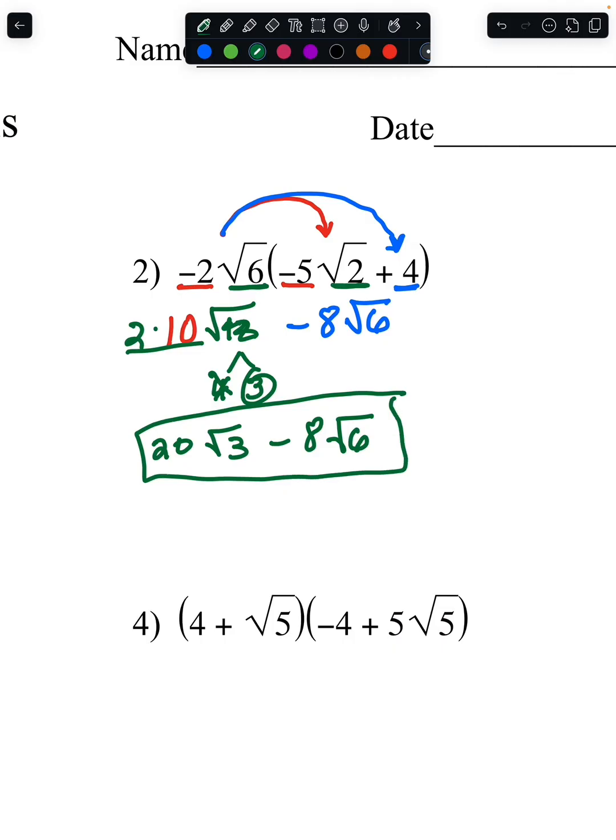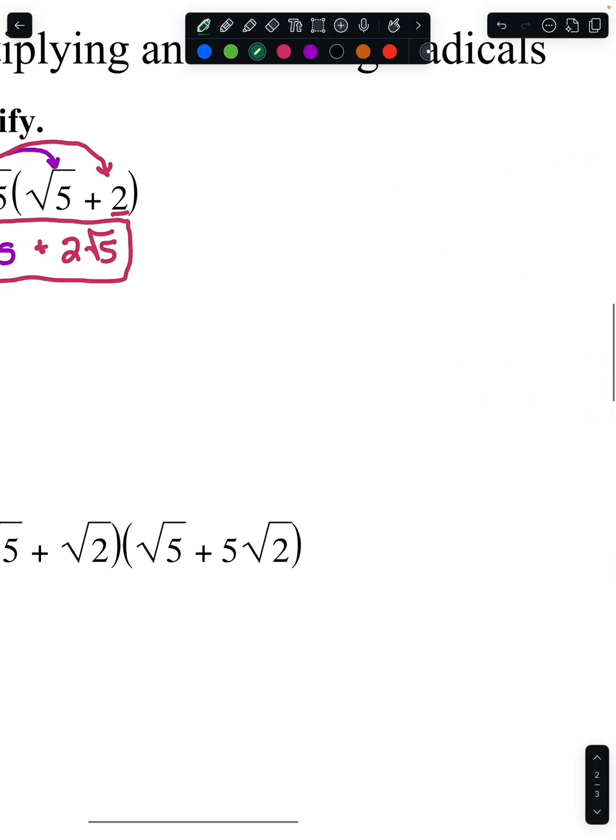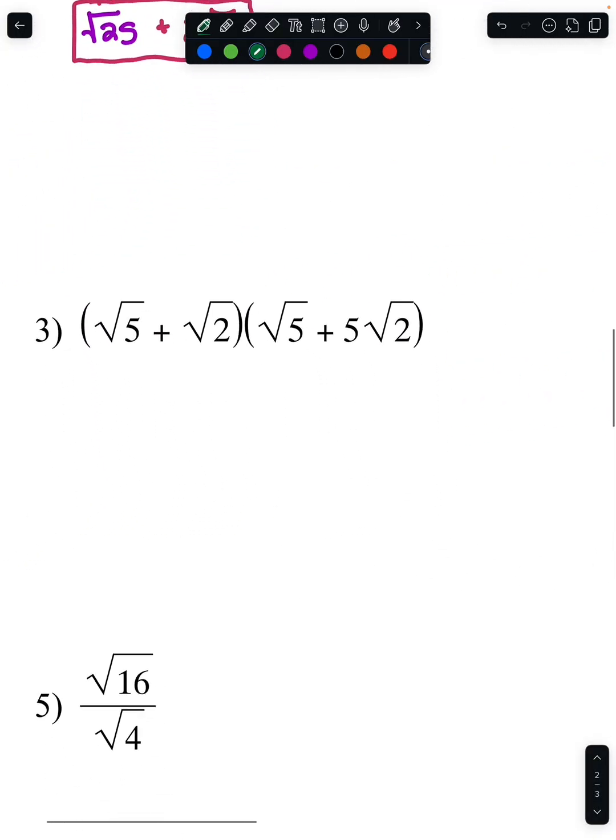Okay? Now, let's get into some of these where from Algebra 1, you learned how to FOIL and you learned how to do the box method. I'm going to show both just so you can pick which one you want. And remember that earlier in the video, I talked about how a square root times itself is just itself. So let's take a look at what happens right here.